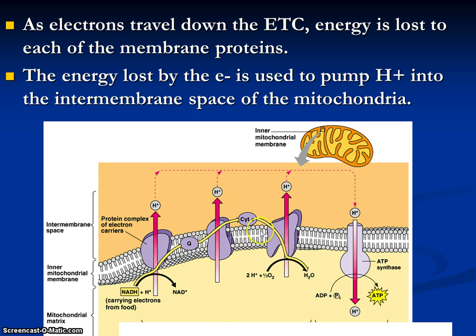The leftover hydrogen ions, remember they're positive, they're just protons, are going to be added to oxygen to create water as a byproduct. And then all of this energy that's been siphoned off is going to be used in ATP synthase, which just means the synthesizing of energy, and it's going to form ATP in the end process.